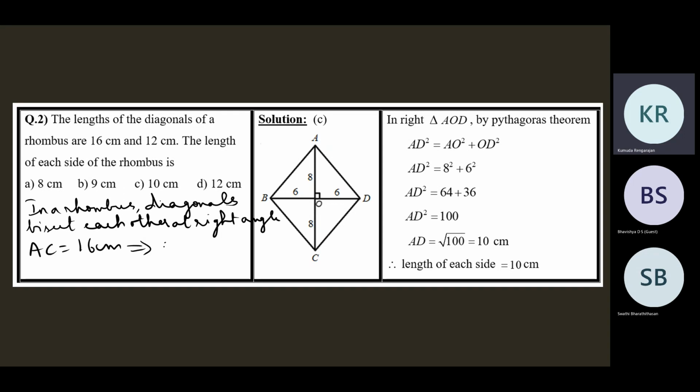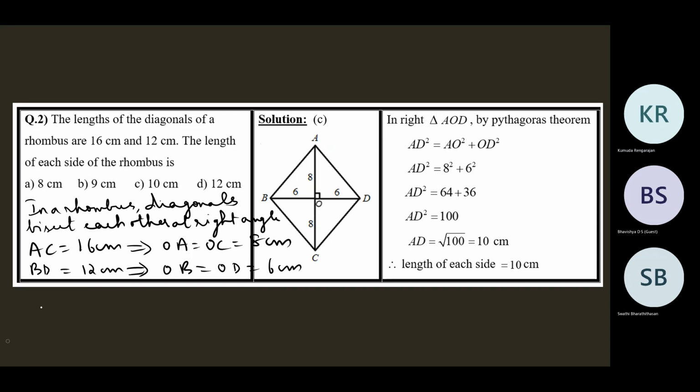This implies OA is equal to OC is equal to 8 centimeter. BD is equal to 12 centimeter. This implies OB is equal to OD is equal to 6 centimeter. Also, angle AOD is equal to 90 degrees because they bisect at right angles.